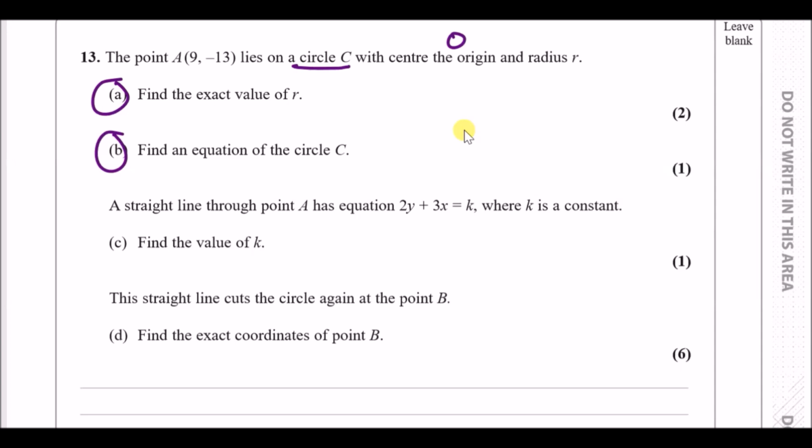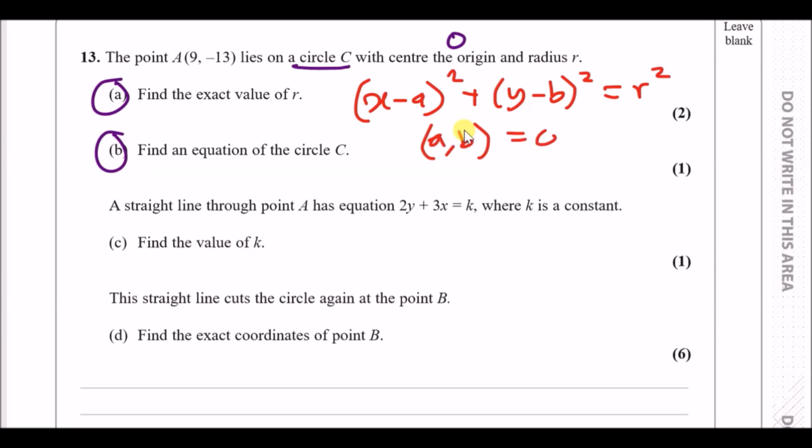So the general form is always x minus a all squared plus y minus b all squared equals the radius squared, where a and b are the center of circle C, yeah?